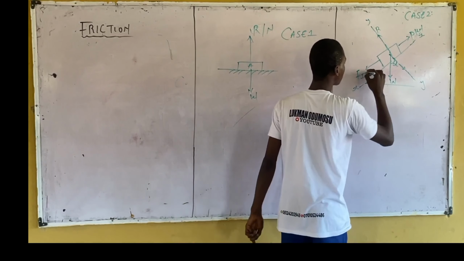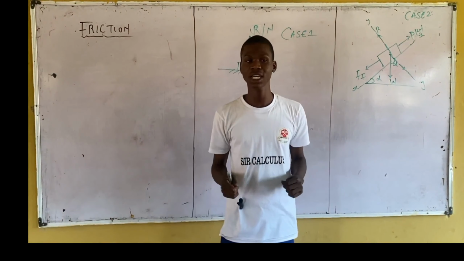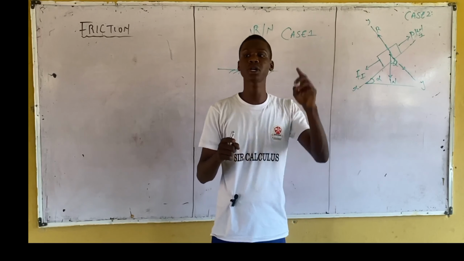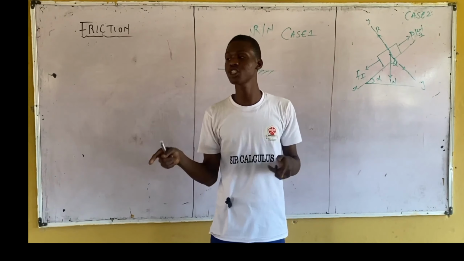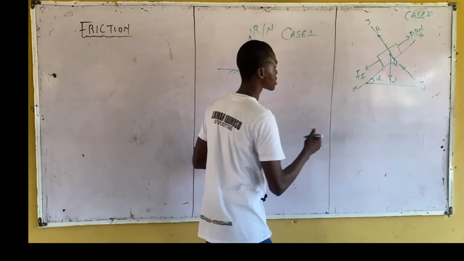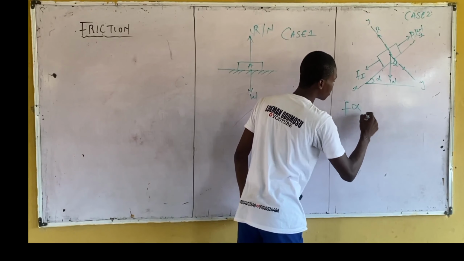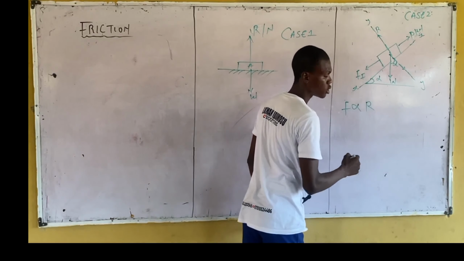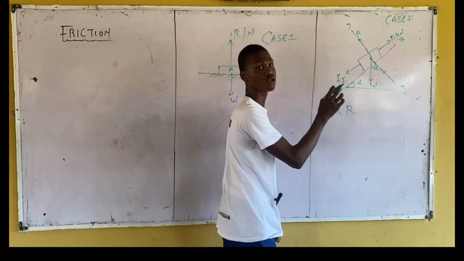And mathematically, what's your frictional force? Mu R. We said there's a relationship, what brought out what we call the coefficient of friction. There's a relationship between the frictional force and the normal reaction. Mathematically, your frictional force is directly proportional to your normal reaction. From the idea of mathematics, this proportionality will go away and you introduce a constant.